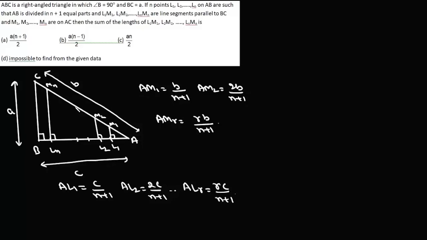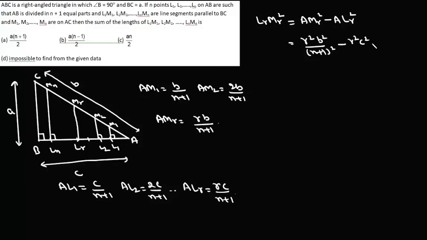Now, if we look at this line LrMr, then we can write LrMr square will be equal to AMr square minus ALr square. Now AMr square will be r square b square upon n plus 1 square minus ALr square, which is r square c square upon n plus 1 square.